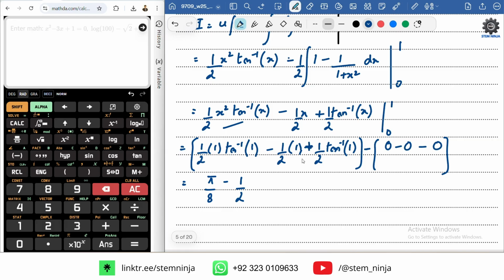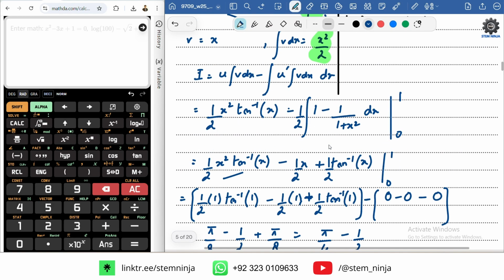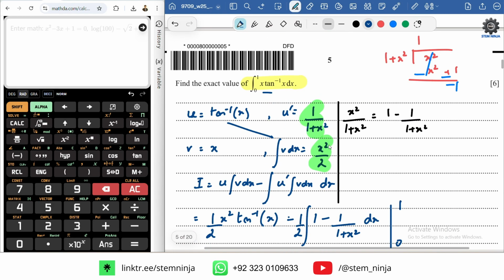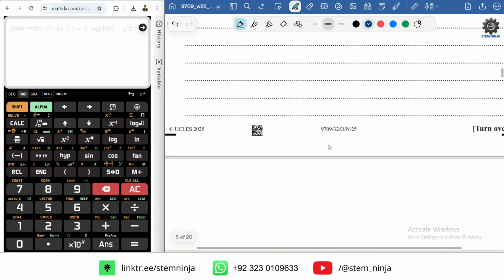So this would also be pi by 8. So pi by 8 plus pi by 8 is pi by 4, minus 1 over 2. That's our final answer. And we needed this in exact form? Yes, exact form. That's it. Alright, so let's move on.